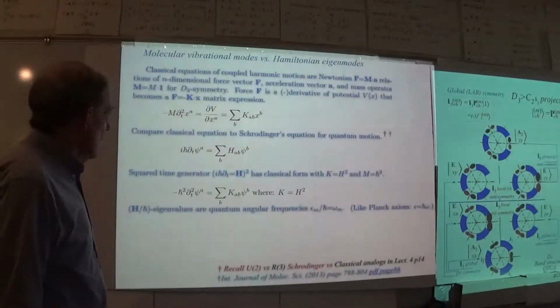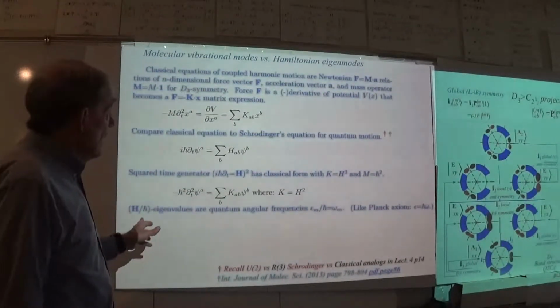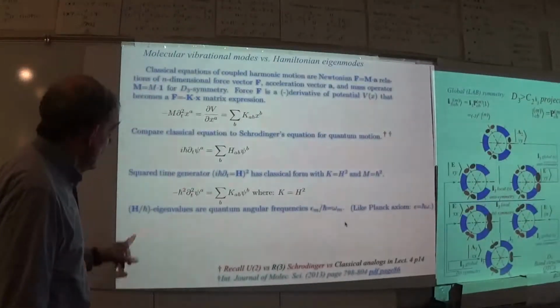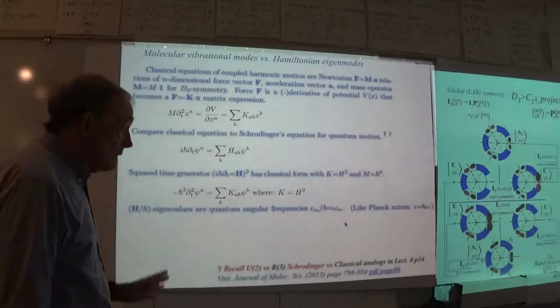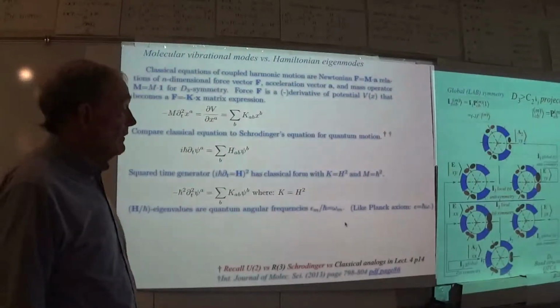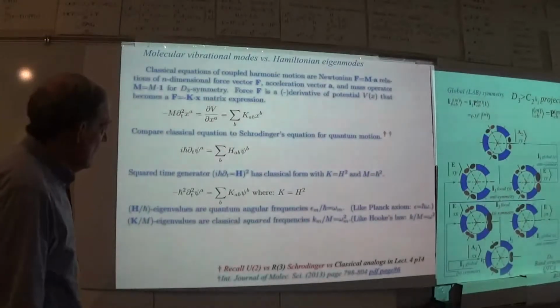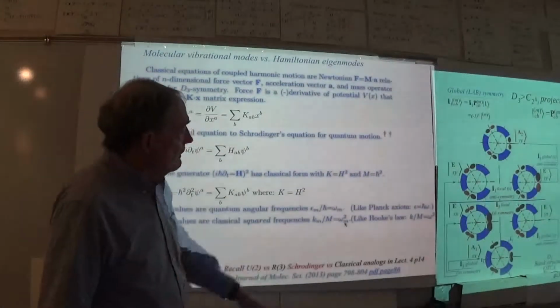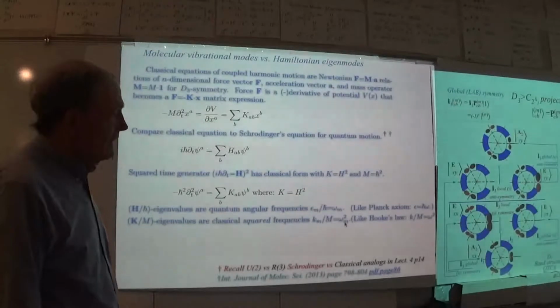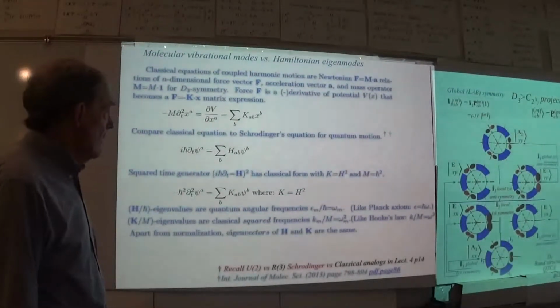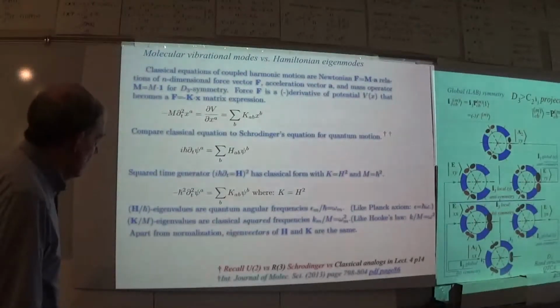That's the equation. And then remember that the eigenvalues that we get from a K matrix are the squares of the frequencies. The Hamiltonian H matrix eigenvalues are the basic frequencies of the phase of the quantum system. So squared, keep that in mind. Hooke's law, K over m is omega squared, just for a single oscillating mass.